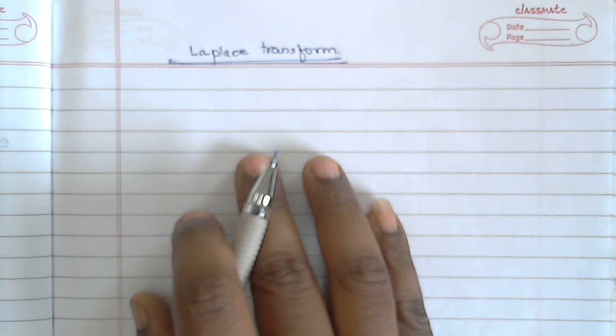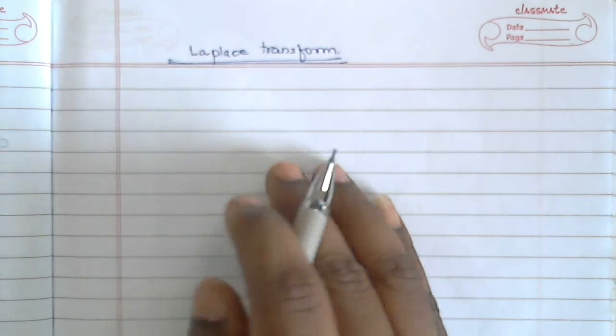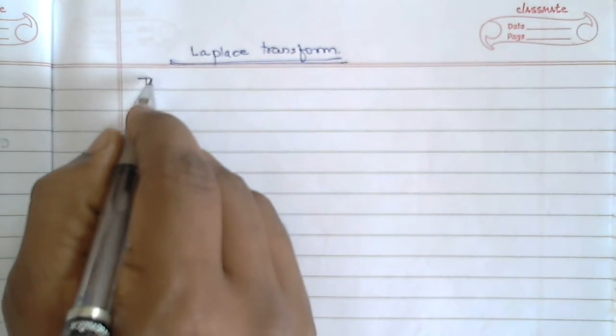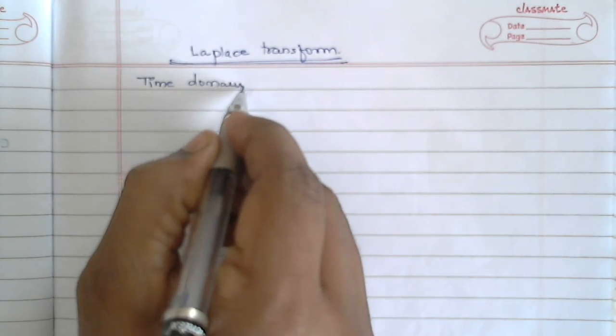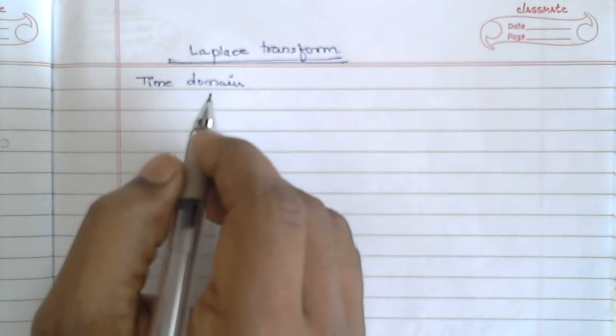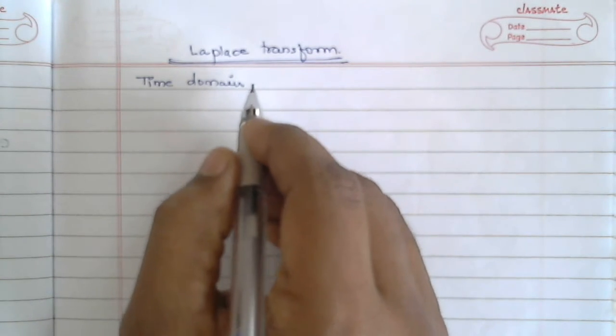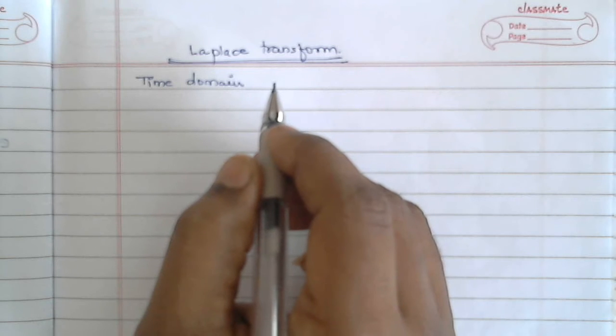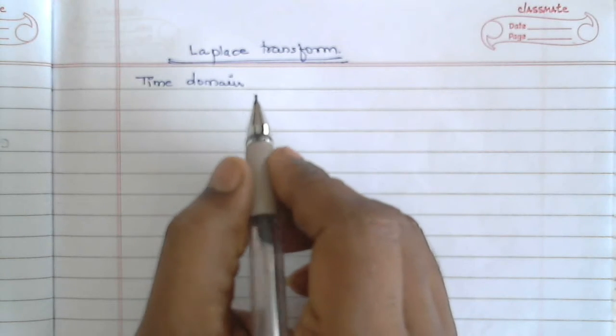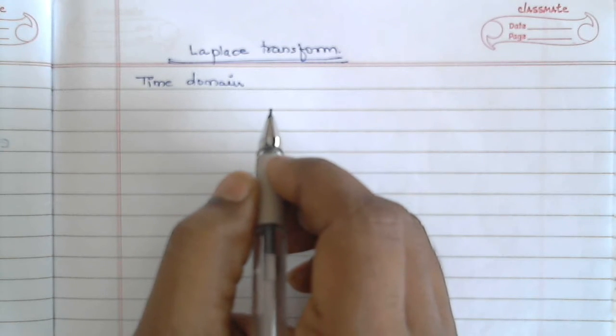Okay, so we'll start. Generally what we do is in a time domain, right? We saw examples in a time domain. Now time domain analysis is a conventional method. It is simple, first order differential equation network, and this is a very useful method, but there are a few drawbacks.